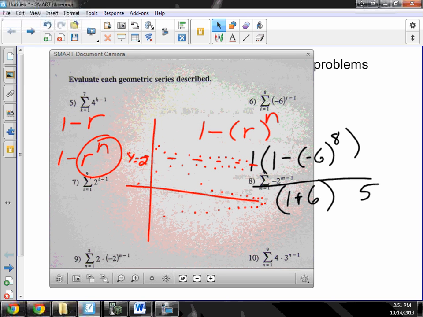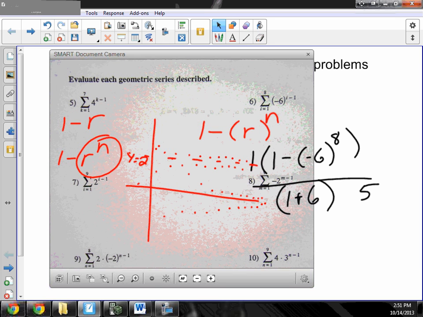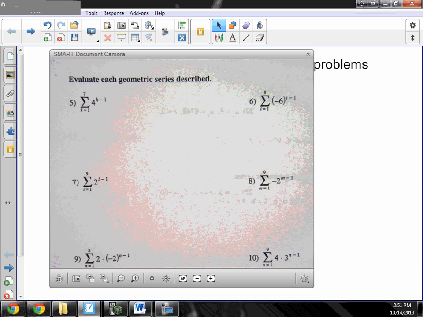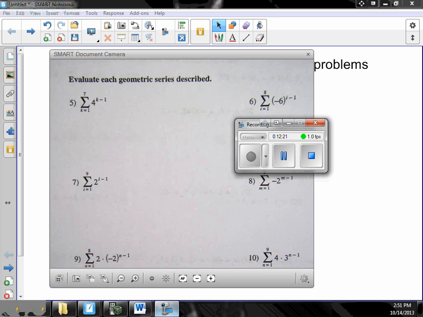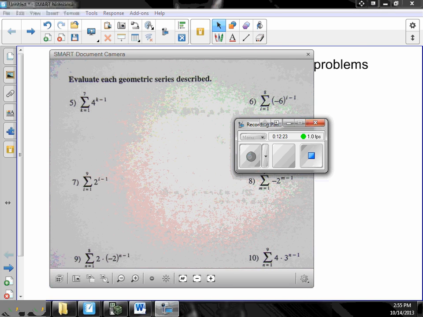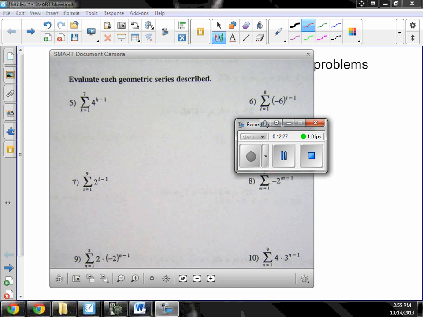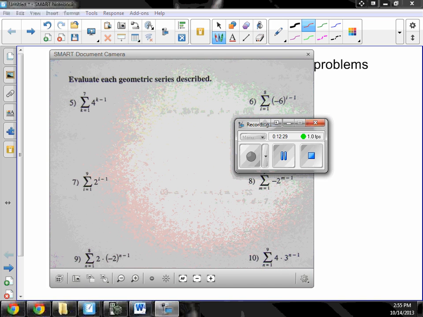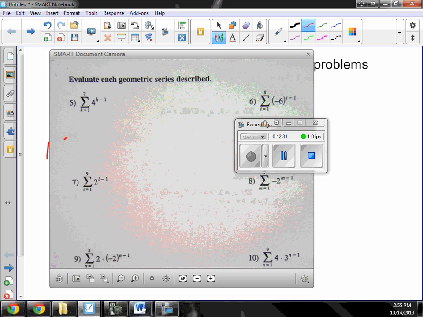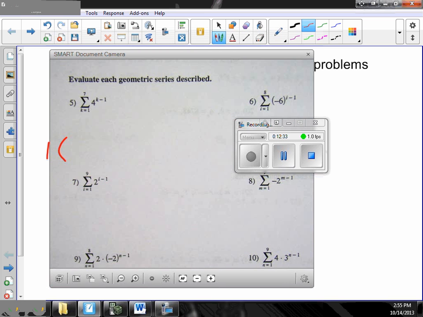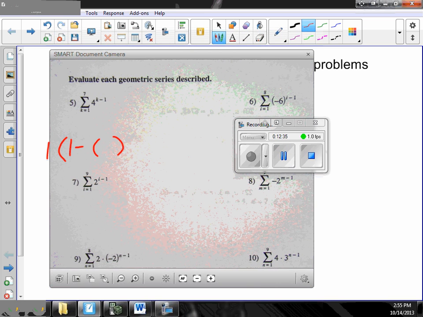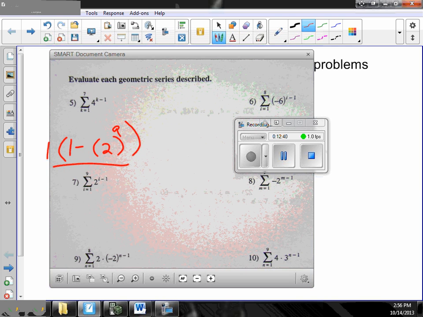Let's have you try number 7. If you look at number 7, we're going to get 1 again. 1 times 1 minus r, which is 2 to the 9th, over 1 minus 9, which is negative 8.